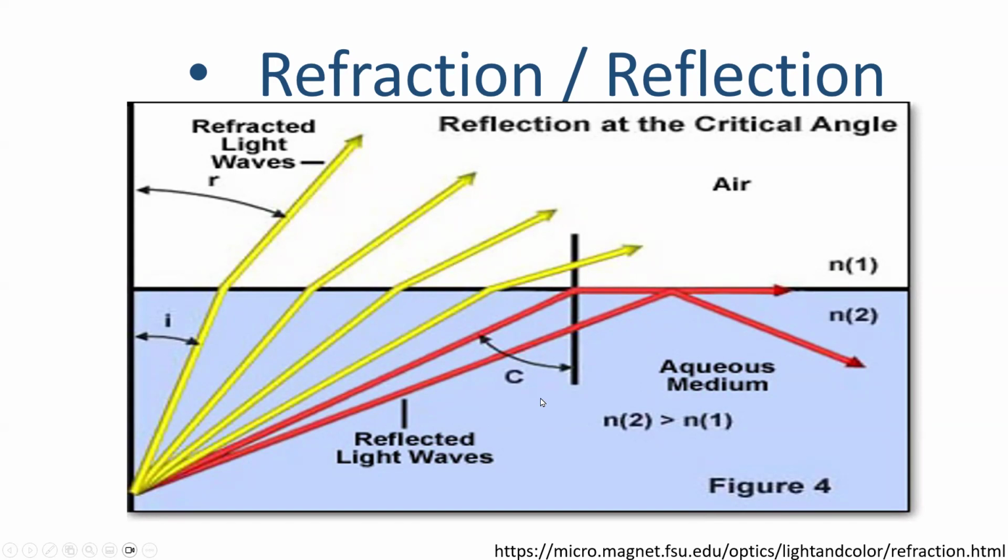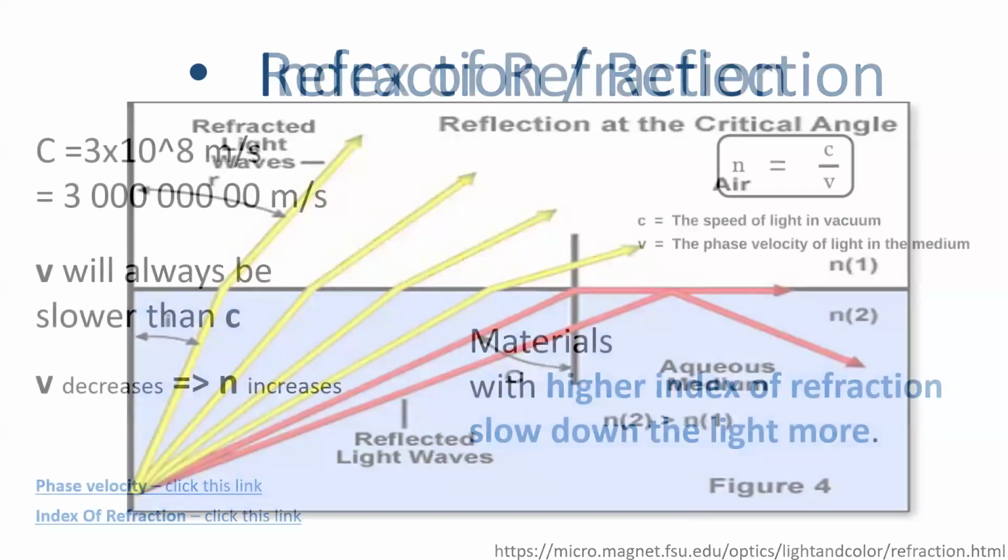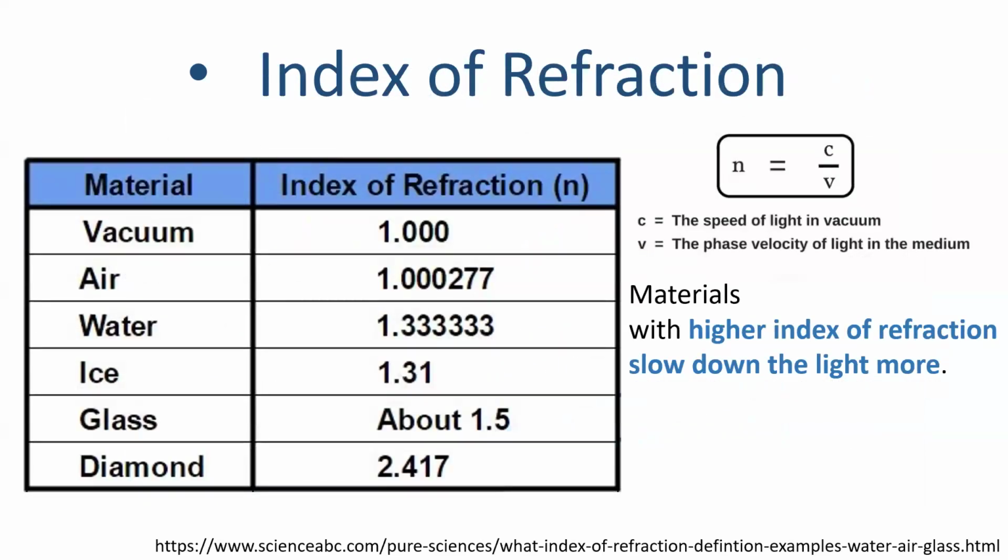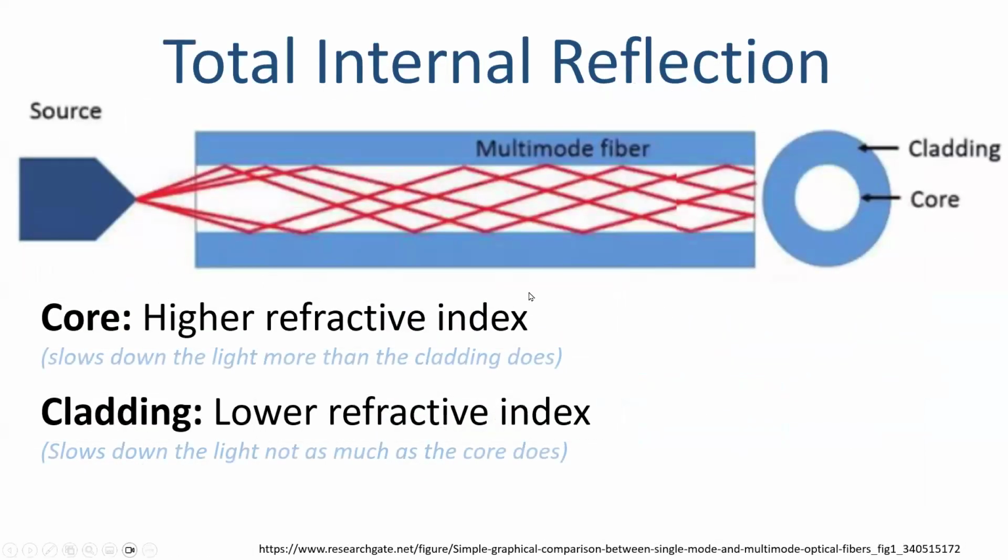Normally you would think, because we want to keep the light travel in core, so let's make that core more pure than the cladding. No, it's actually the other way. Right? Because what we want to achieve is something that is called total internal reflection. We want to achieve the total internal reflection within the core in order for the signal to travel within the core, because that's where we want to keep it.